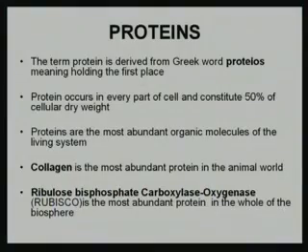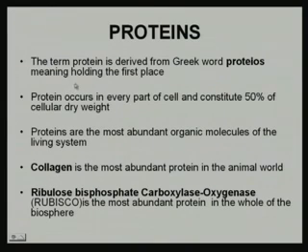Good morning, students. Today I'll be talking to you about a new macromolecule which plays a very significant and important role in most of the cellular activities of the cell, and that macromolecule is called protein.